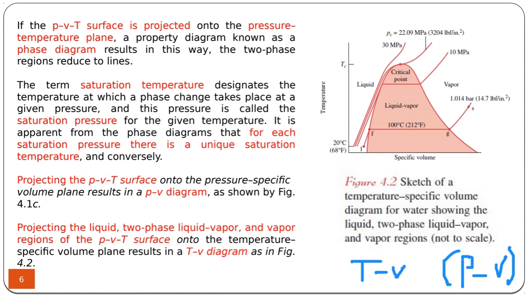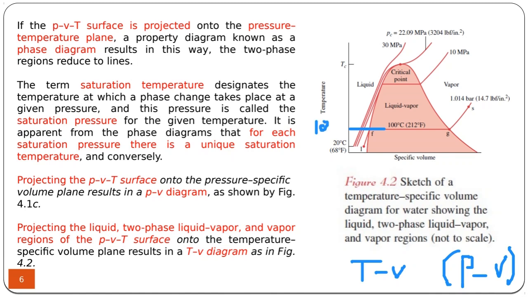So you see different pressures. For instance, there is one pressure here, which is atmospheric pressure, 101 kilopascals. At atmospheric pressure, if this is water, you can see that the phase change occurs at 100 Celsius.